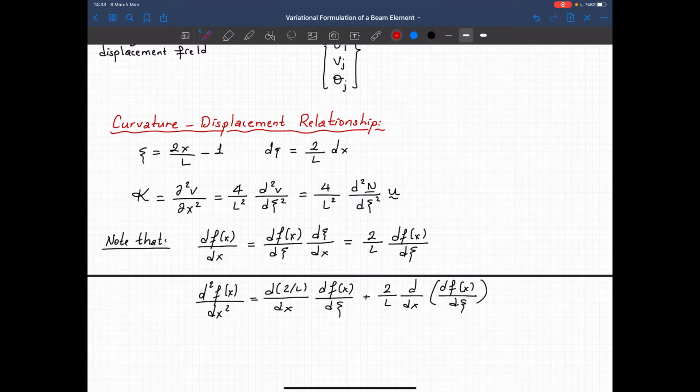The first part of the equation is equal to 0 because d of 2 over L is equal to 0. So I need to handle the second part.